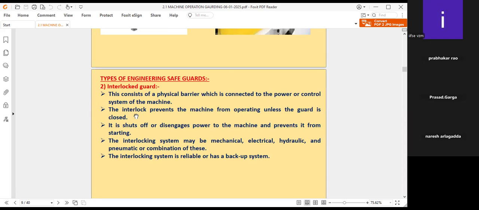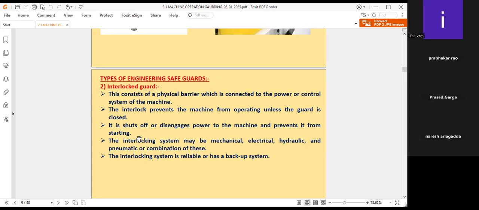That's why the interlock prevents the machine from operating unless the guard is closed. The guard should be closed while operating. If not closed, sometimes the interlock fails and the machine will run. The people think the guard is closed, simply go nearby, and they will be caught by the hand, fingers, and all these things.